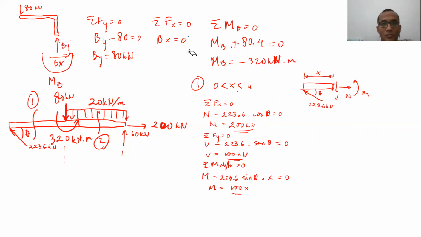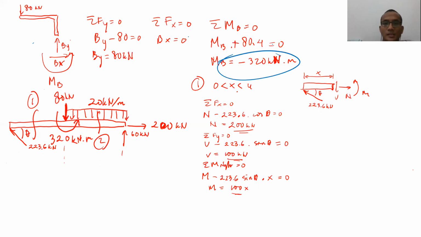Then sigma moment at B equal to 0. If counterclockwise is positive, then Mb plus 80 multiplied by the moment arm, 4 meters, equal to 0, because the 80 is counterclockwise as well. That's why our Mb will be minus 80 multiplied by 4, which is minus 320 kilonewton-meters.